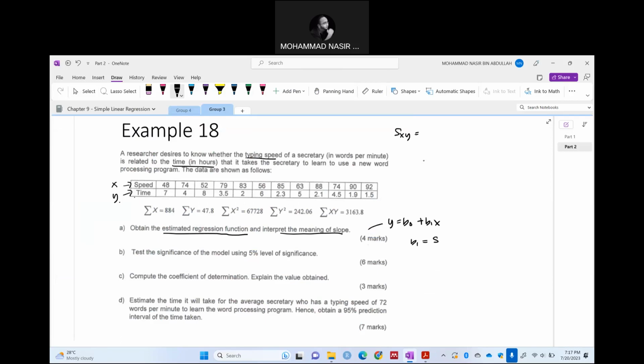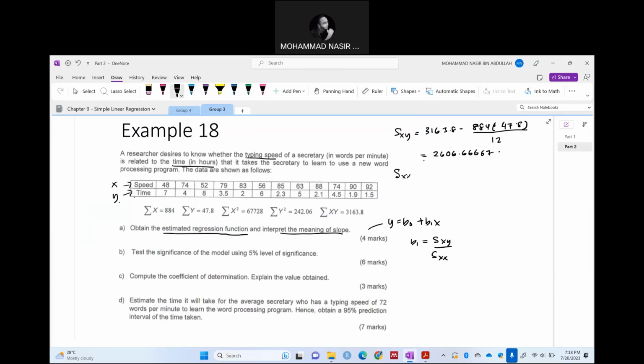Beta 1 is equal to Sxy divided by Sxx. So this one should be 3163.8 minus 884 multiplied with 47.8 divided by how much? The data we have is 12, right? So this one should be equal to negative 357.46667.